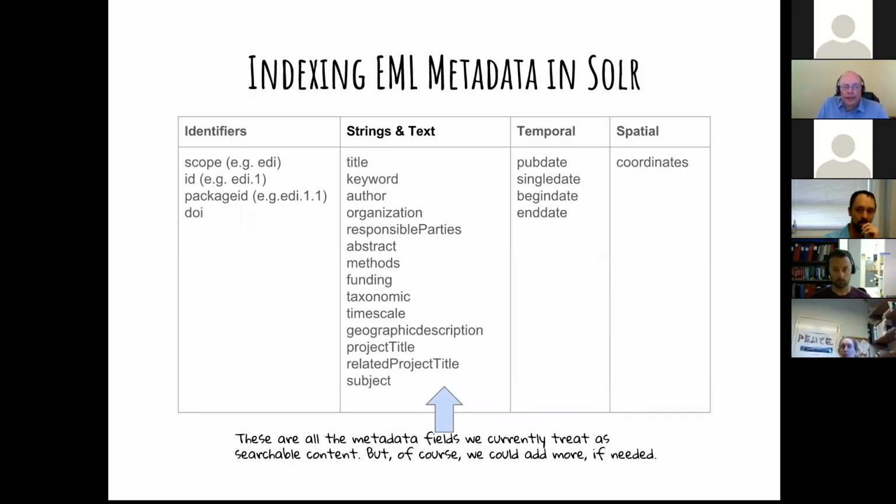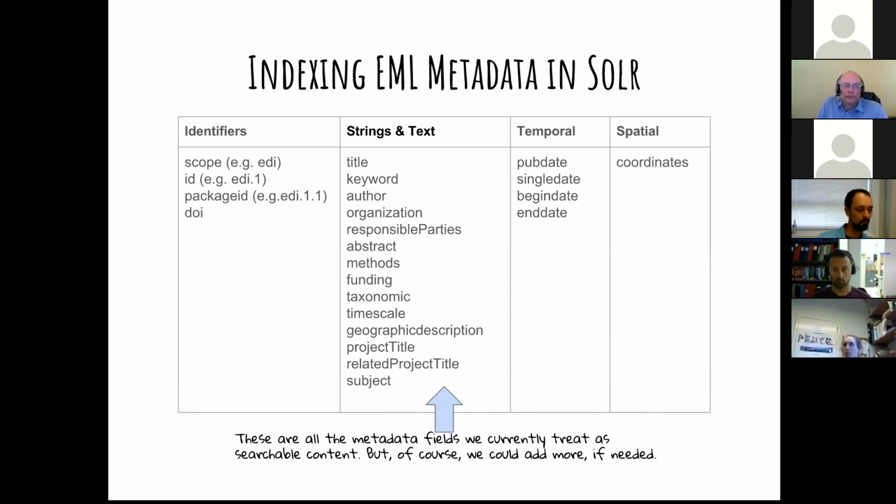Let's start by looking at the queryable fields that Pasta Plus does store in Solr. These are the bits and chunks of metadata that Pasta Plus has extracted from the EML documents in its repository and indexed in Solr so that Solr can perform its searches based on the criteria we send to it and then return search results to us quickly and efficiently.